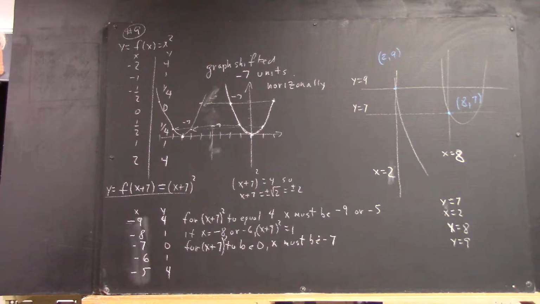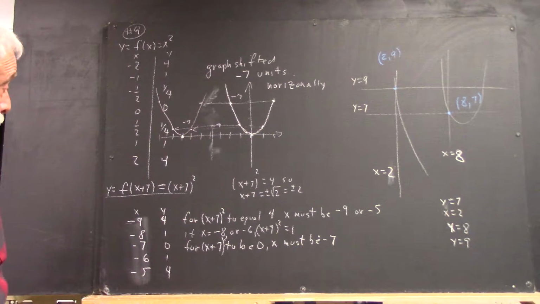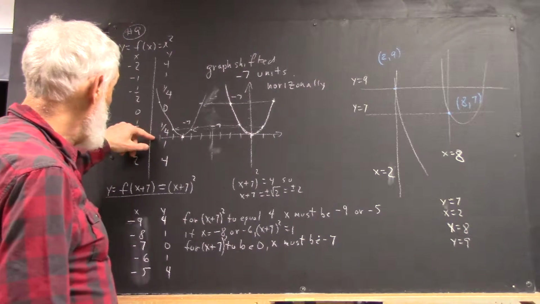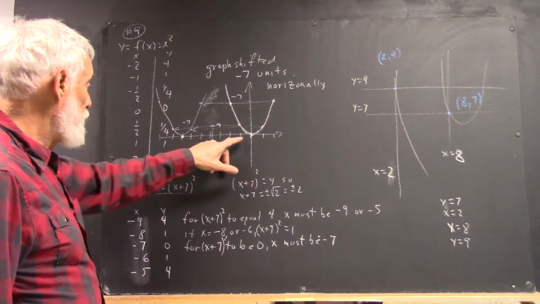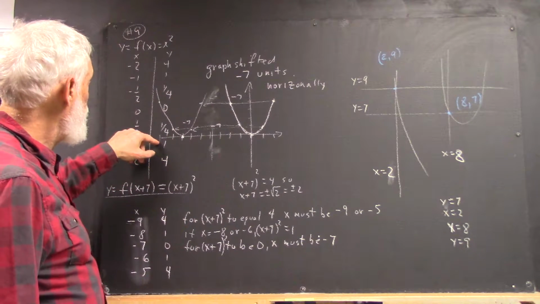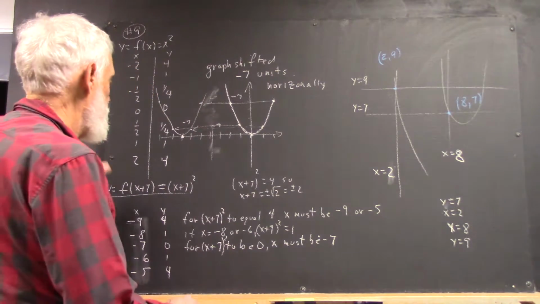Now, what does this show us about the graph of x plus 7 quantity squared? Well, it means that we have to go all the way over to -9. I think I counted right: 1, 2, 3, 4, 5, 6, 7, 8, yep, -9, before we can go up to y equals 4. So we're going to have a point here.